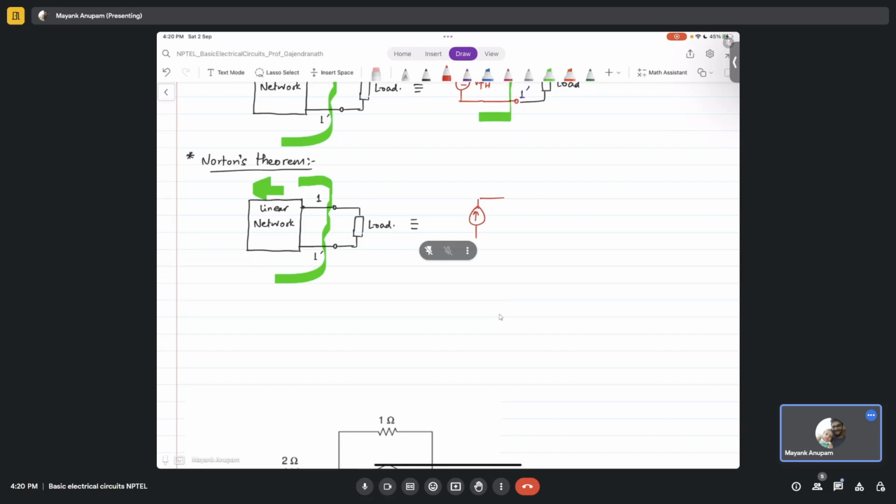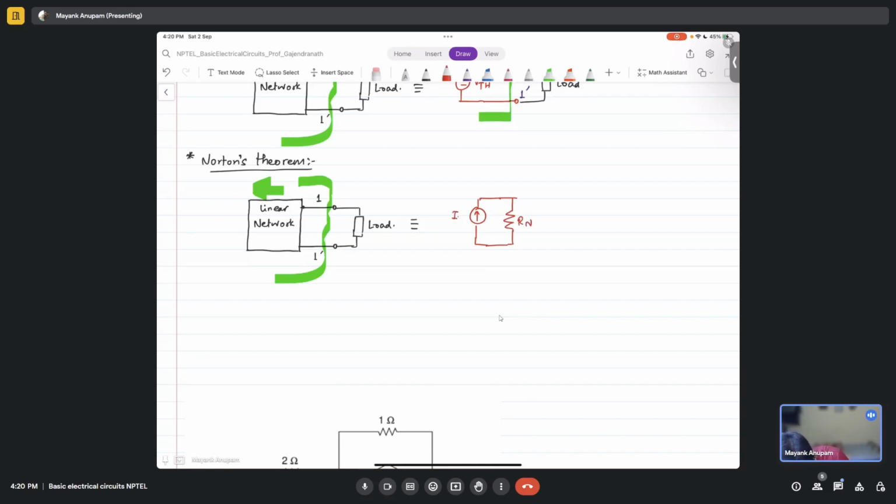Yeah, fine. So I was saying that again in Norton's theorem we can replace this linear network by a current source and a Norton resistance.